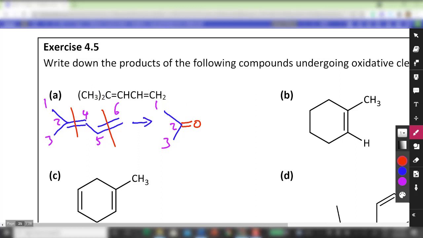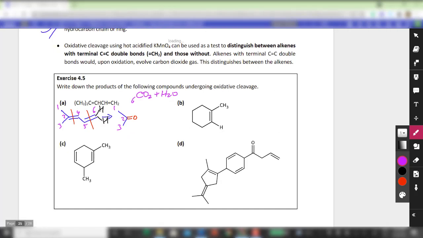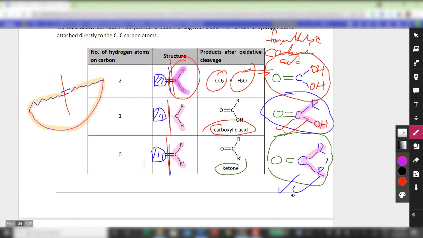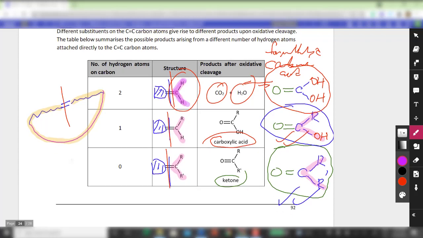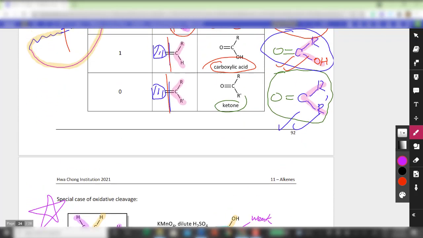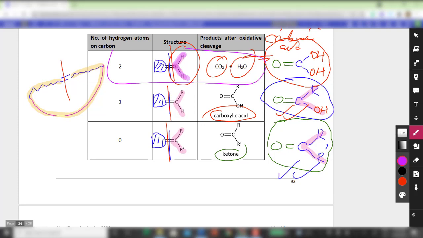Remember that carbon 6, if you draw it out, is actually a terminal alkene, so there is a terminal CH2 here. In that case, for carbon 6, I'm going to end up with CO2 plus H2O. You might be wondering, where do I get the CO2 and H2O? It's actually over here. So this is the part which we are talking about.